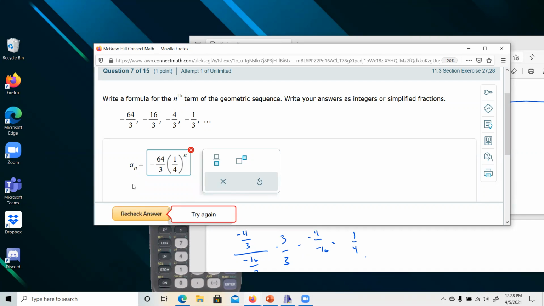All right. Well, if I divide a 4 into that, I'm going to get 16 here. But to keep this consistent, I'd really want a negative 1 here.